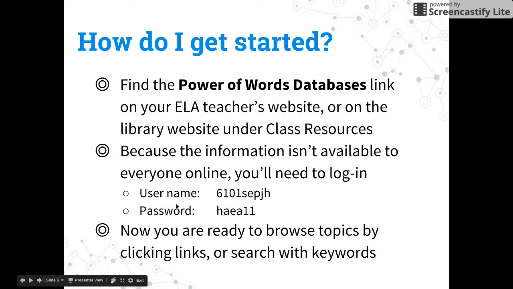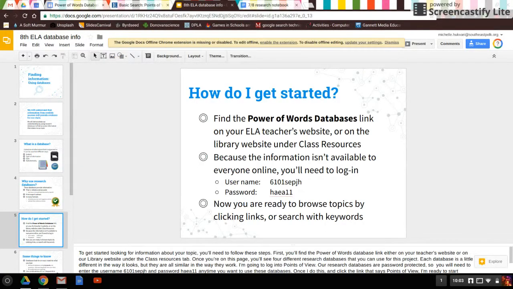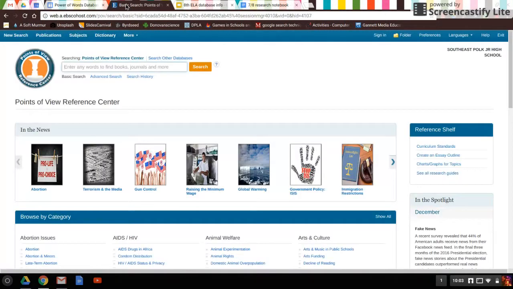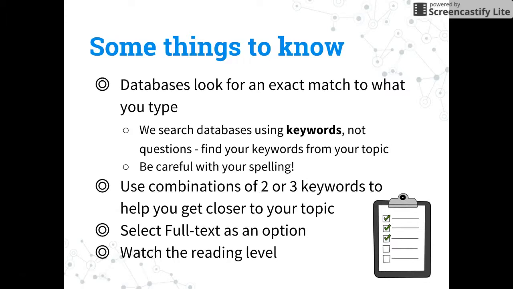Once you do that, you'll click on the link that says Point of View, and then you're ready to get started. So I'm going to pause for just a minute so that we can all get logged into Point of View, and then we'll continue. Okay, so we paused so that everybody could get logged into Points of View. So you should have that database ready to go.